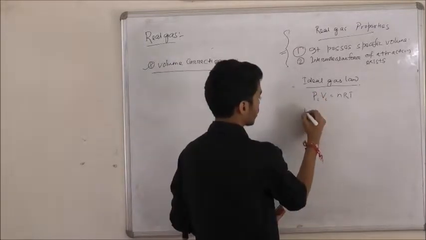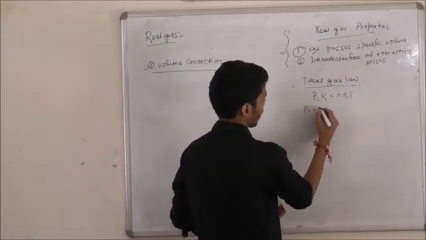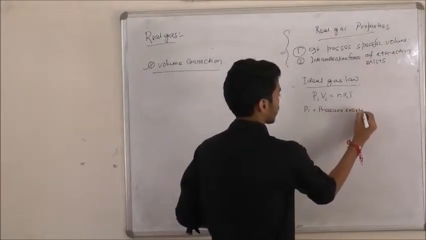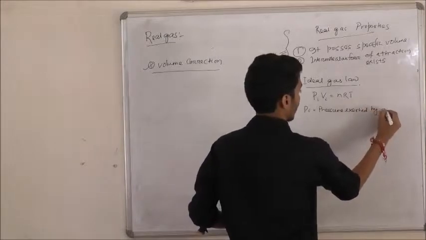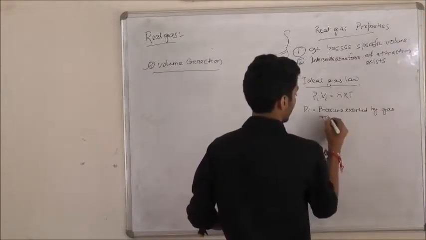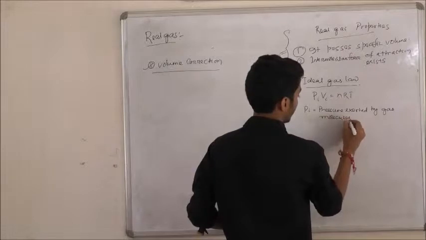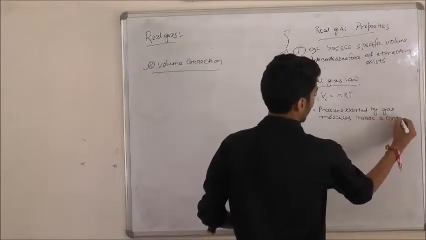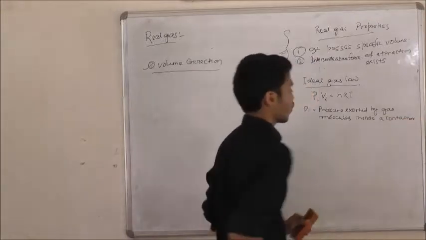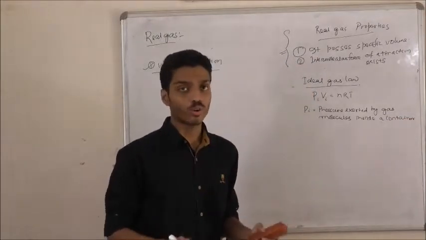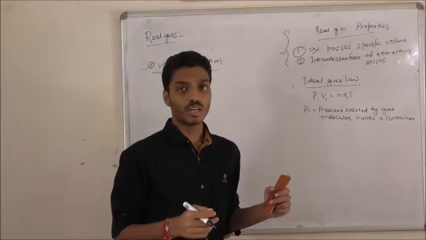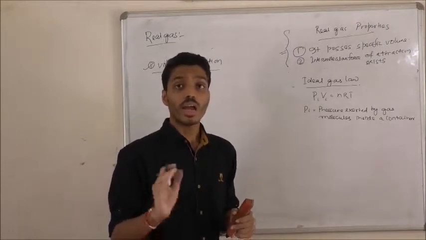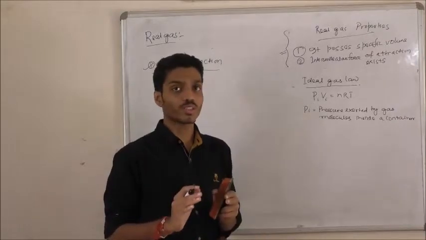P_i is the pressure exerted by gas molecules inside a container, where V_i is the ideal volume. Listen, this is the most important term, where V_i is known as ideal volume. That is the volume available for free movement of the gas molecules.